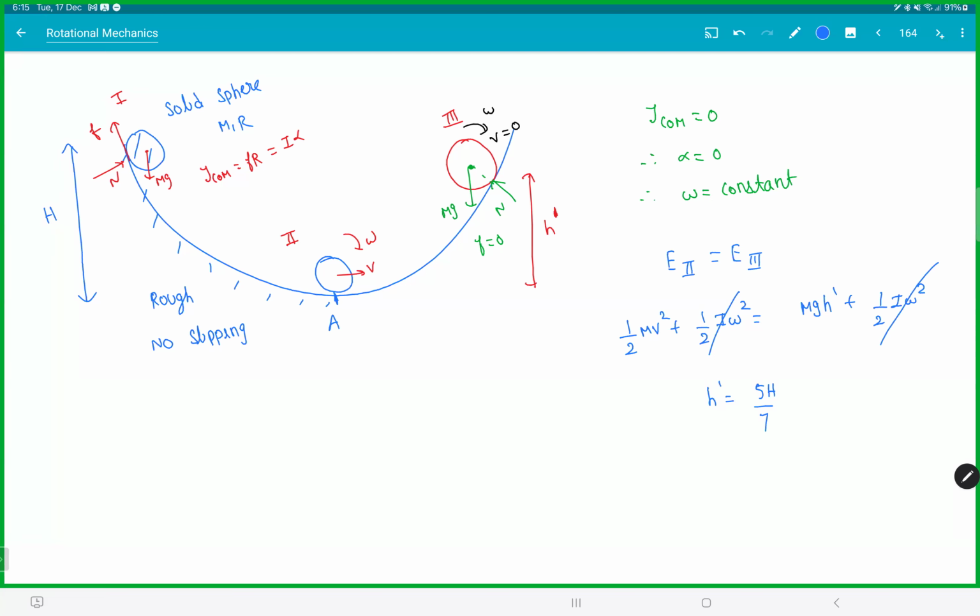Is that clear, everyone? So if you take a rolling ball and put it on a smooth surface, the omega doesn't get affected because there is no one to generate the torque to change your omega.